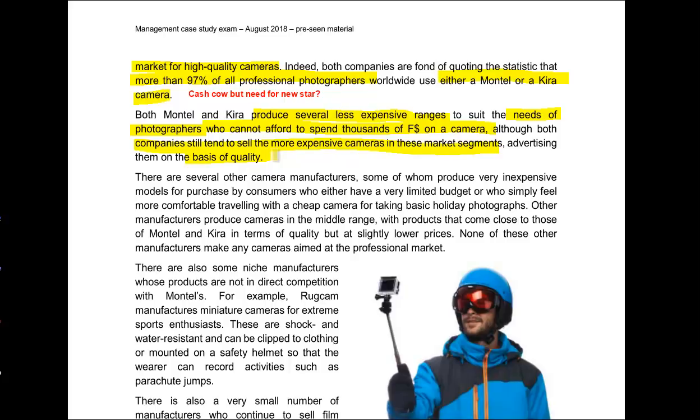So again, if they're not even the cheapest in that market, perhaps there's a problem here. Or alternatively, perhaps being the best possible camera in that market segment is the only saving grace, and actually people can see a difference in quality versus a smartphone. It's a bit up in the air at this point, but to speculate once again on this kind of aspect, we're probably looking at diversification, new product, maybe a new market.